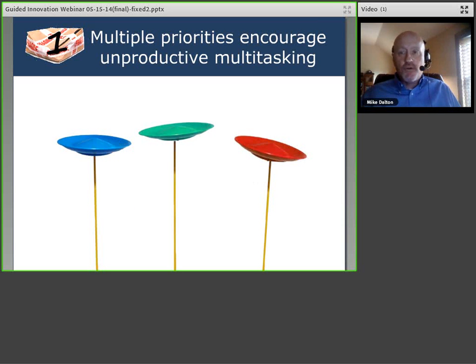The first issue we're going to cover is multitasking. And people in your organization want to be responsive, but because organizations often can't tell the difference between busy and productive, people are actually encouraged to multitask. And we're going to take a look at why that's really such a problem.